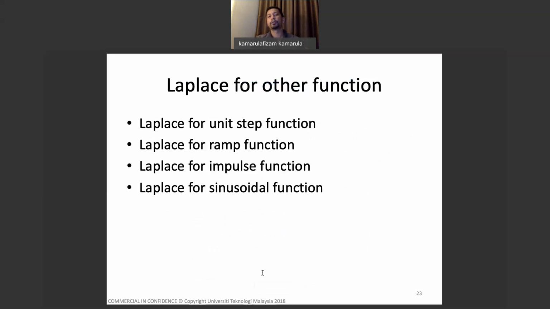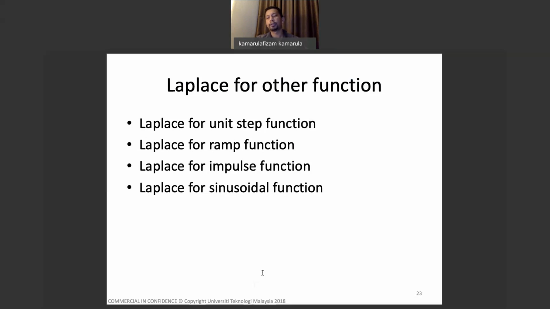Also, you have to know how to work with the Laplace transform using the step function, the ramp function, the impulse function, and of course the sinusoidal function. All of these functions have a Laplace transformation, and in this particular topic we want to test any control system with a test signal. We want to predict the characteristics or the performance of any control system using the test signal.